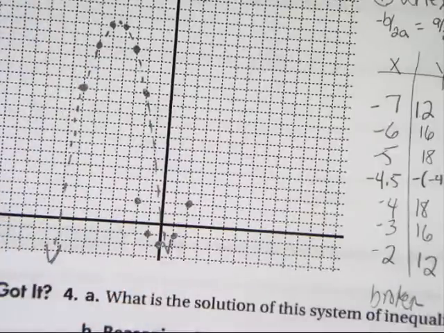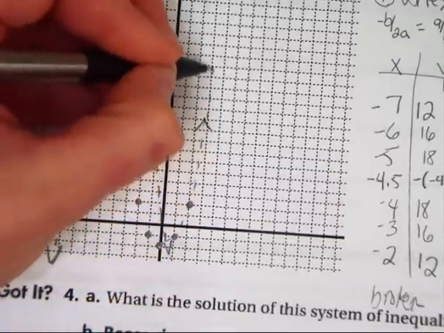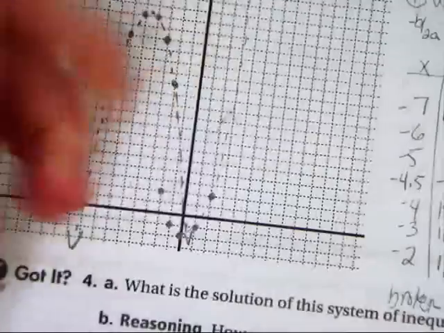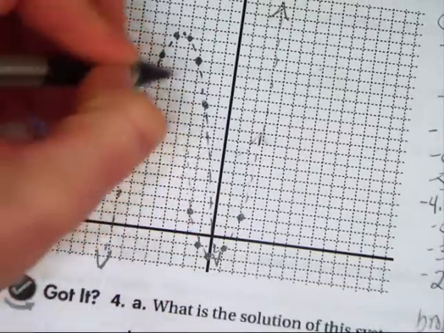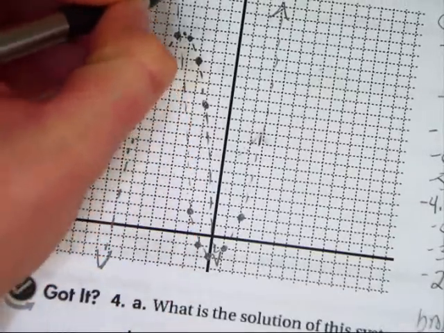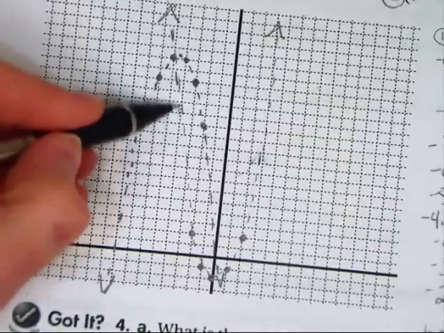This one is also going to be a broken line. That graph doesn't look too bad. Let's keep going all the way up, actually. Broken line. Go all the way up. Okay, so you have your two U-shaped graphs.